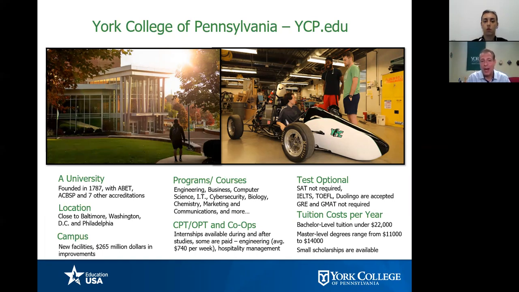Students are making on average about $740 per week. So that's a really good salary. So you get 3 co-ops that equal at least 42 weeks. 42 times 740 is over $31,000. And you get reduced tuition. So it makes things very affordable.